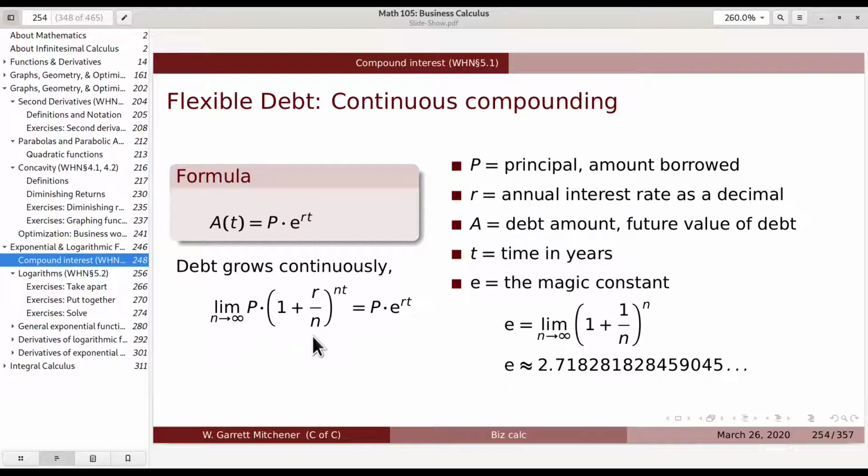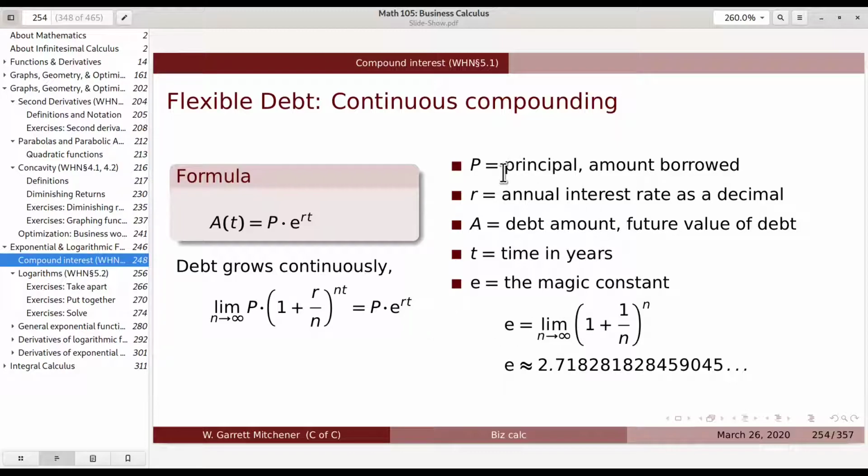So this is a difficult limit to work out. I am not going to explain any more about how it actually works here. If you're interested in that, then you should take one of our real analysis courses. But the result is that the limit does exist, and it's equal to P times e to the RT.